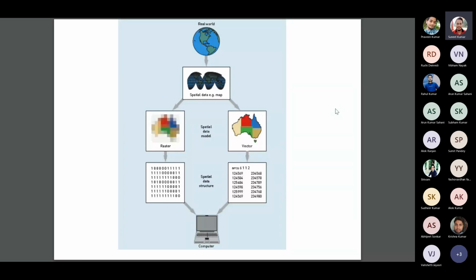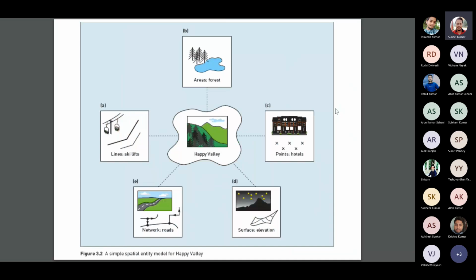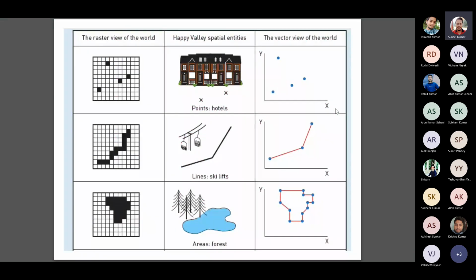But when we go for the first one, which is the raster data, we have a field which will give you a continuous representation. There will be a certain variable and its value will be present at every place. So through that one, we can represent the whole area. After that, we have seen how the same thing will be represented in a raster view and how it will be represented in a vector view.